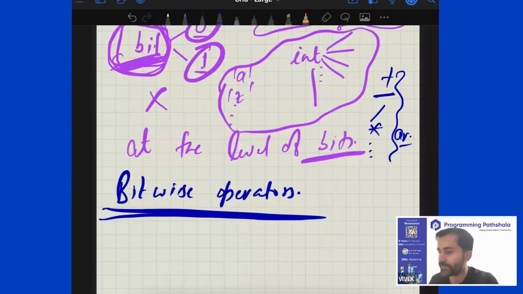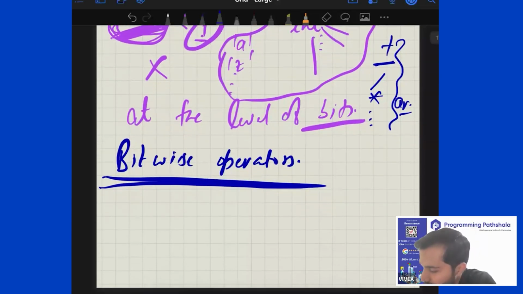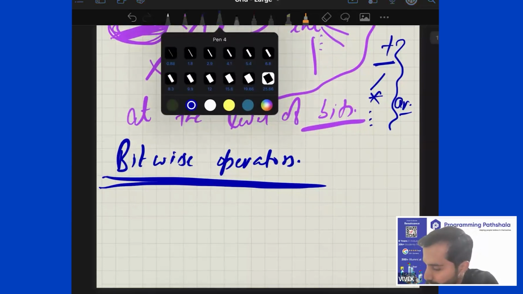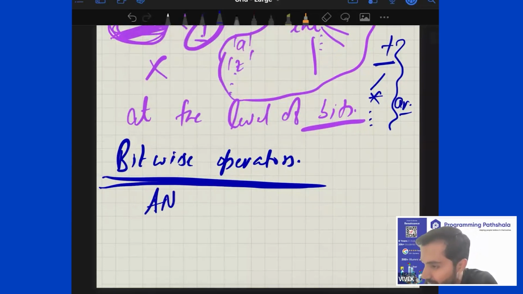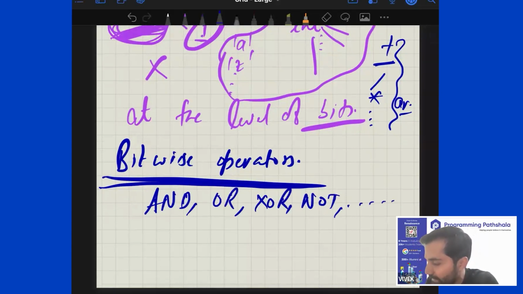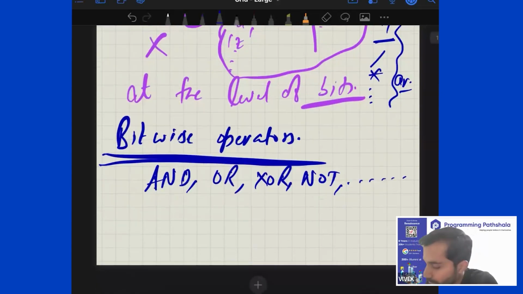What are the different bitwise operators? Can you guys give me some quick examples of bitwise operators that you have used? Yeah, many of you are mentioning them, that's right. AND, OR, XOR, NOT, and all these things, right?